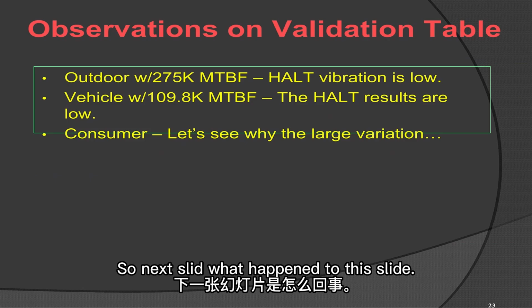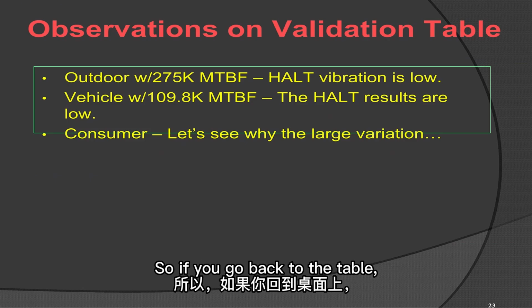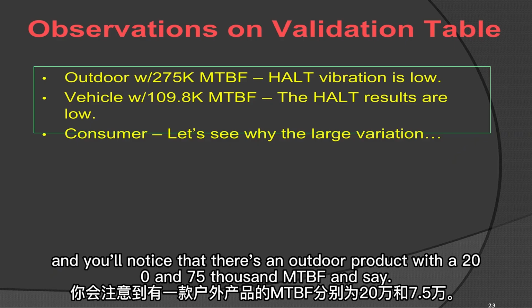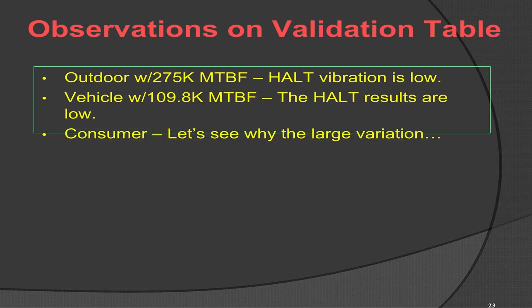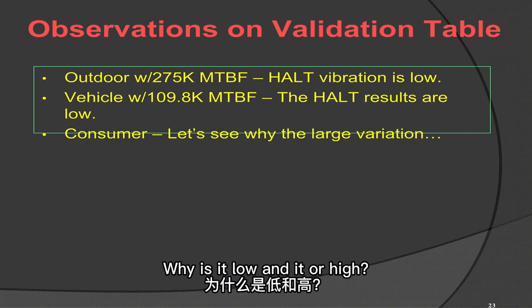So next slide. What happened to this slide? So if you go back to the data table, you'll notice that there's an outdoor product with a 275,000 MTBF, and say, well, why is the AFR on that, the AFR estimated through the estimator, why is it high?